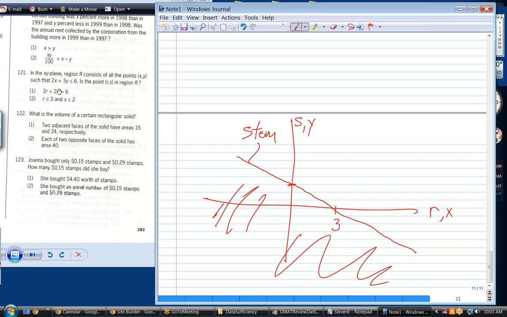For the second curve, if I want the r-intercept, I set s equal to 0, which gives me an r of 2. And if I want the s-intercept, I set r equal to 0, which gives me an s of 3. So this curve is like that.